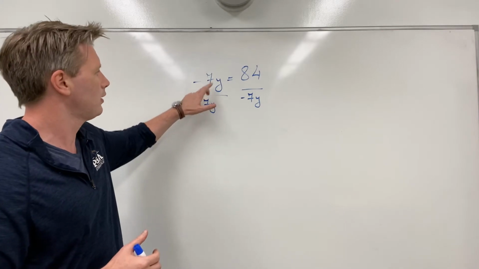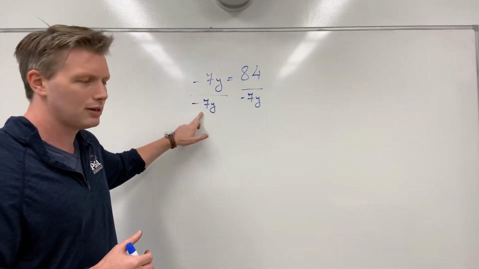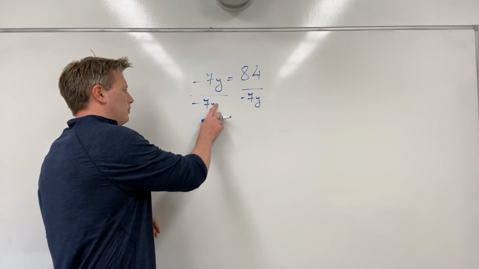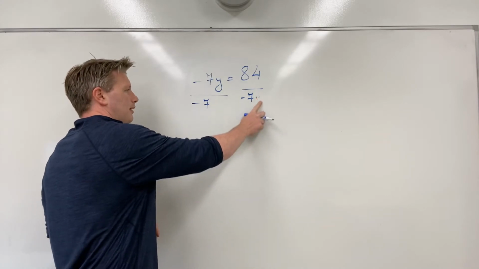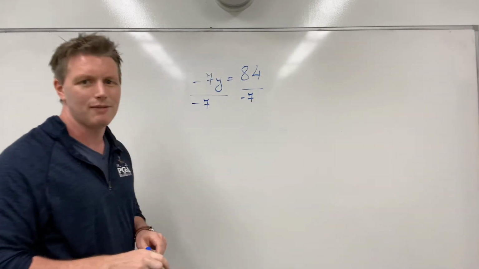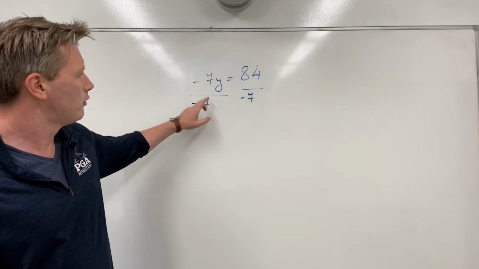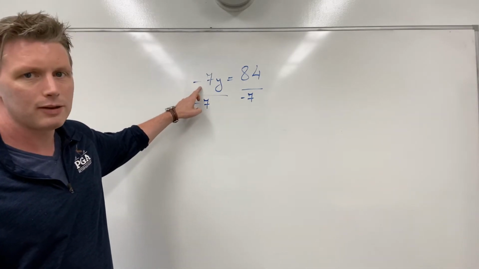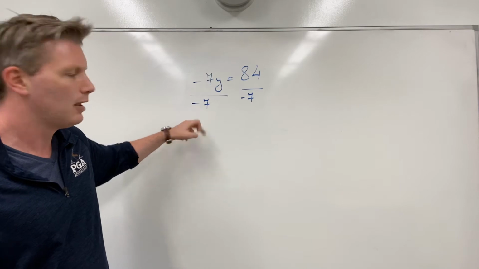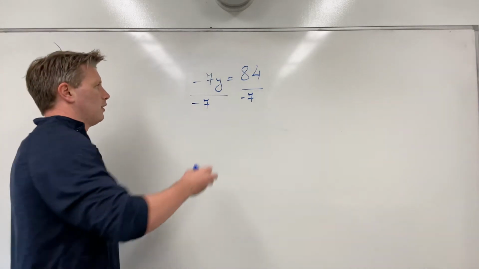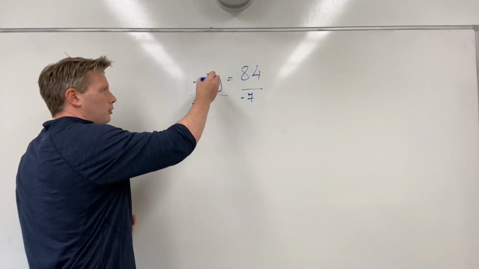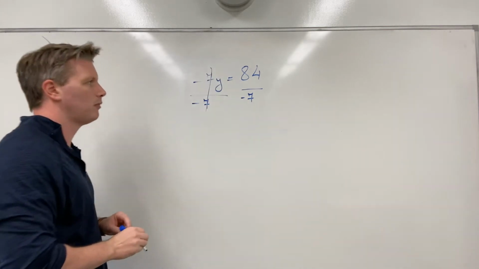I apologize, I made a mistake. There should not be a y there. It should just be minus 7. I have multiplied by minus 7, and so I've divided by minus 7. That is the same as, essentially, multiplying by 1. These will cancel above and below.